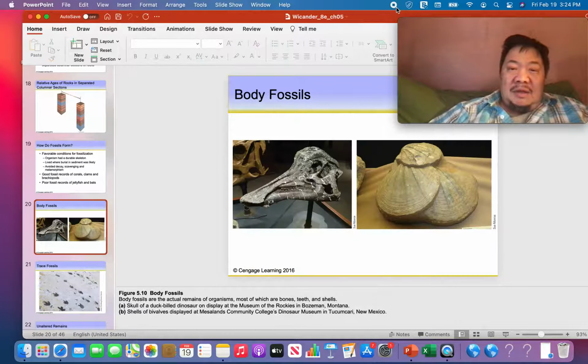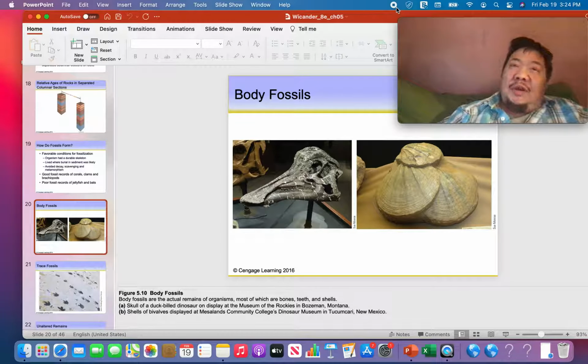Why is that? Well, think about it like this. When a creature dies, including a human being, well, nowadays we get buried usually, but creatures die. They've got hard body parts and they've got soft body tissue.